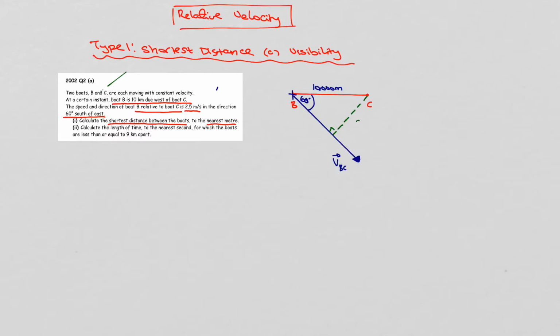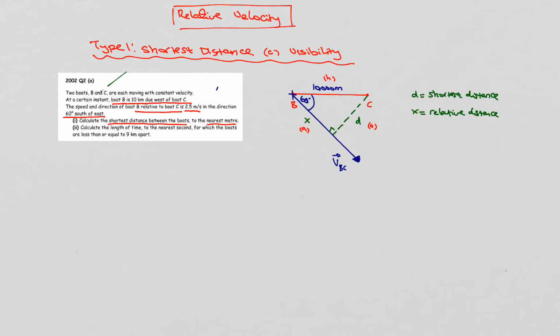So therefore this will be D, and this will be X, where D is our shortest distance, and X is the relative distance along the relative path. And then if that's 60 degrees, D will be the opposite. 10 kilometres is opposite the 90 degrees, so that's the hypotenuse, and our relative distance is X.